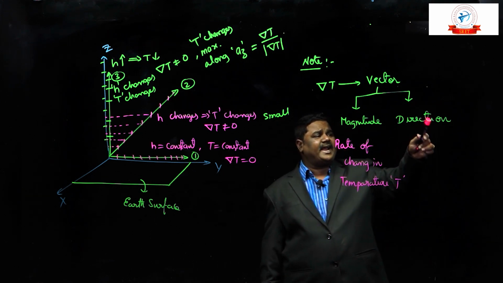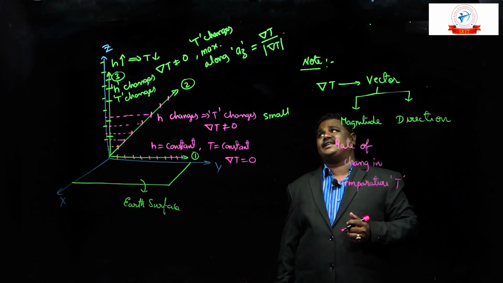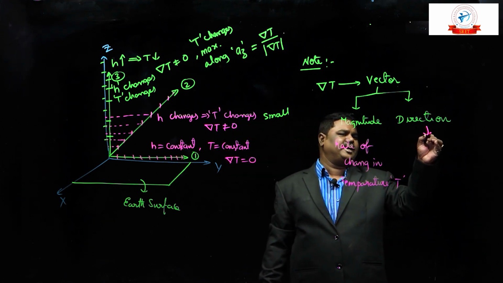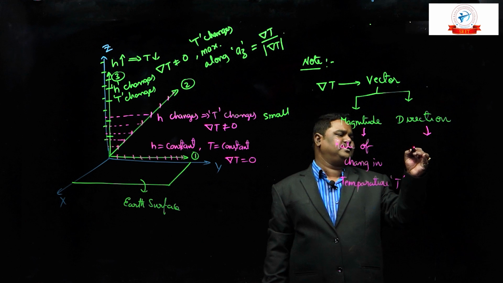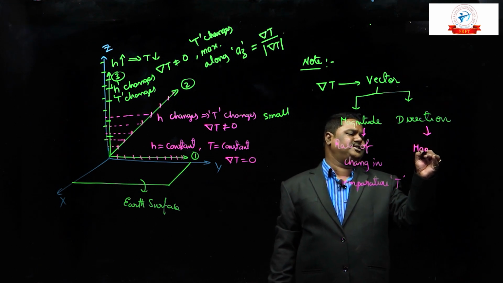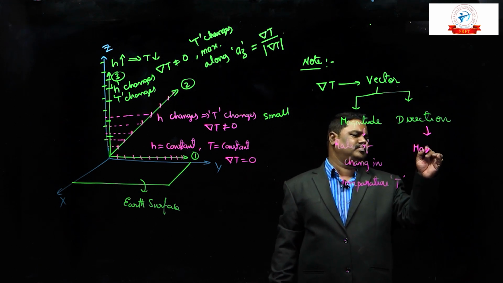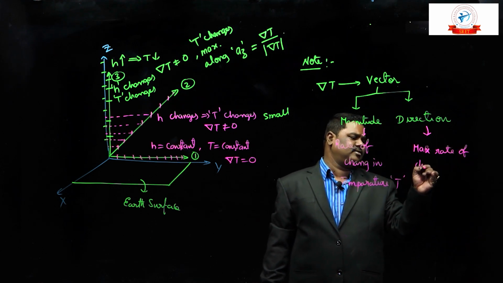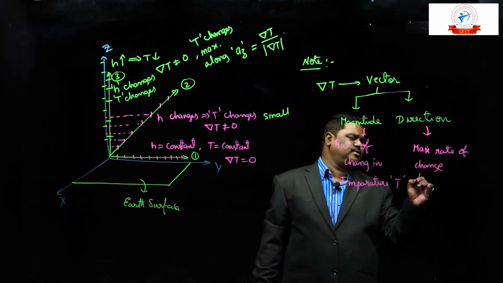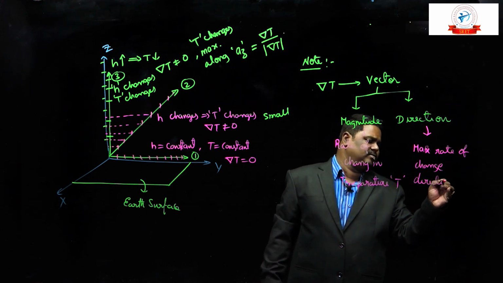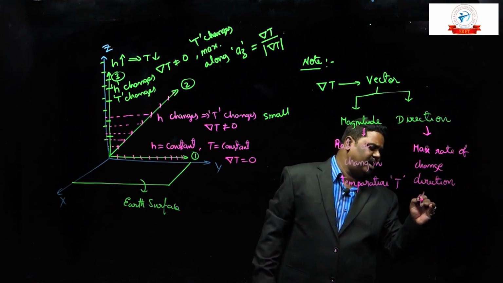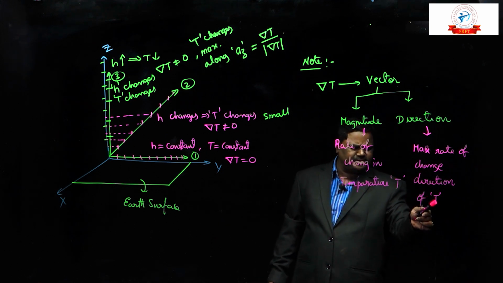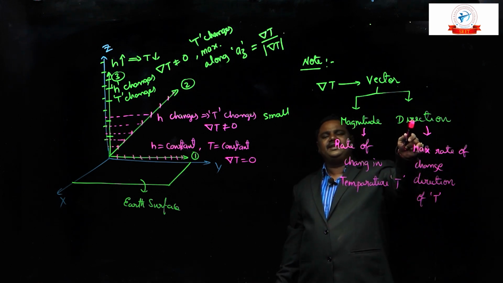But what does the gradient direction give us? The gradient direction gives us the maximum rate of change direction. The gradient direction is nothing but the maximum rate of change direction of temperature T. That means the direction in which temperature changes maximum is the direction of the gradient.